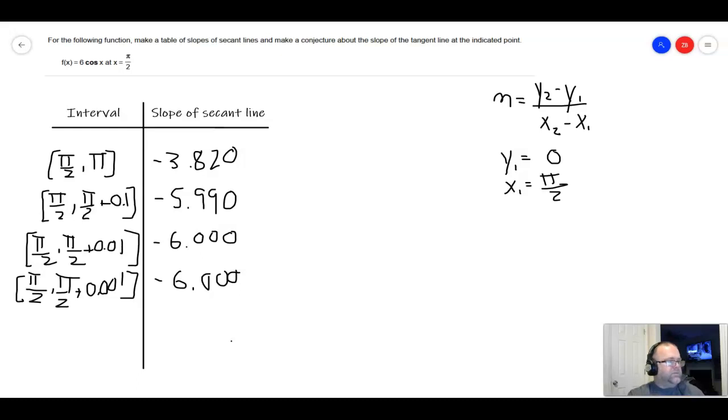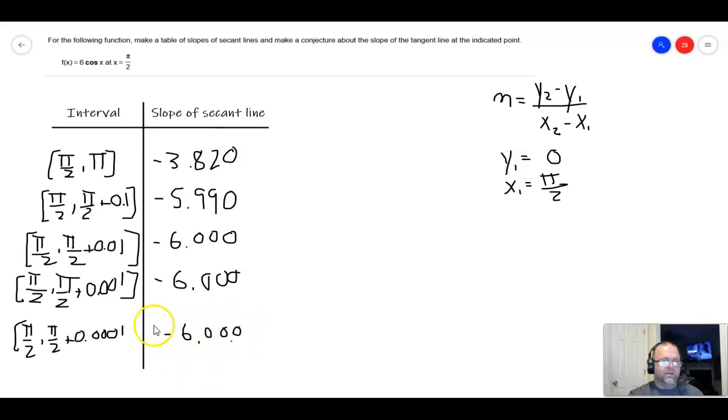If we want to do one more of these, pi over 2 plus 0.0001, we're going to get the same thing, negative 6.000.